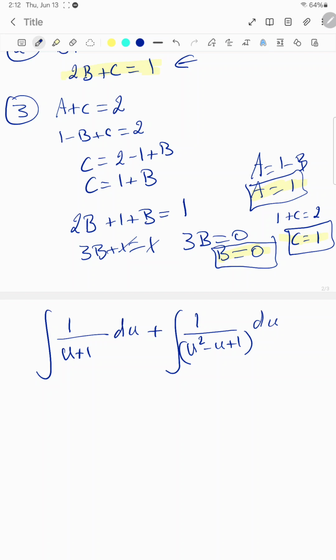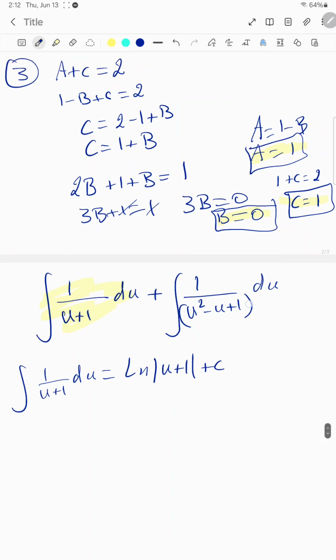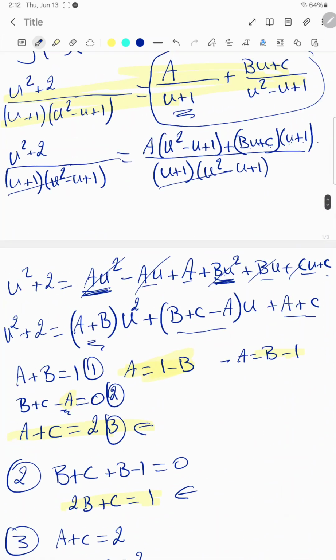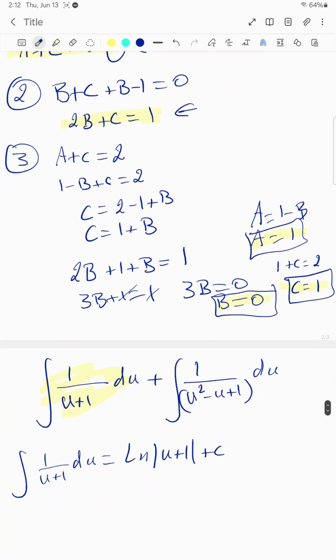And I know that the integral of 1 divided by u plus 1 du is equal to ln of u plus 1 plus c, and we said u is equal to tan of x.